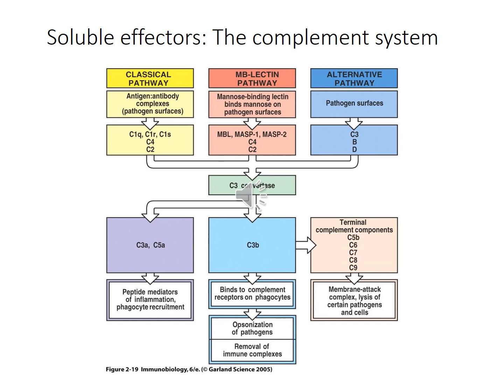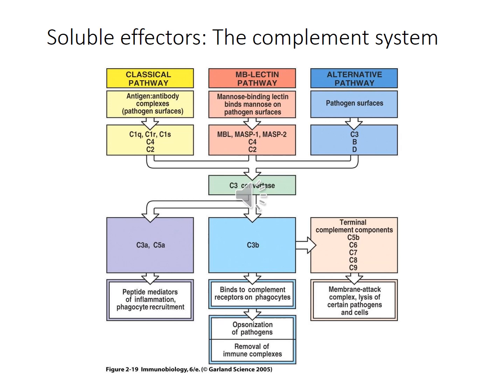And in the alternative pathway, C3 is constitutively binding to surfaces a bit everywhere, and unless there is an active inhibition of C3, it will start to form the C3 convertase.